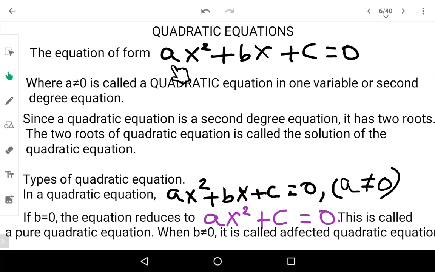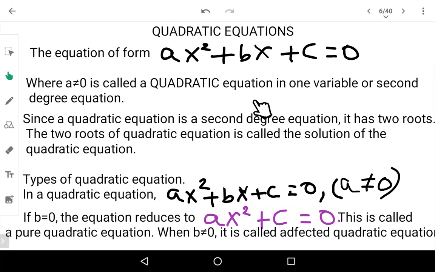Okay. If this is equal to 0, 0 into any variable or any number is nothing but 0 only. Right? 0 into x square is 0. So you will end up having only a linear equation and not quadratic equation. Okay. So that is the main reason why a should not be equal to 0. Only then it is called as quadratic equation.